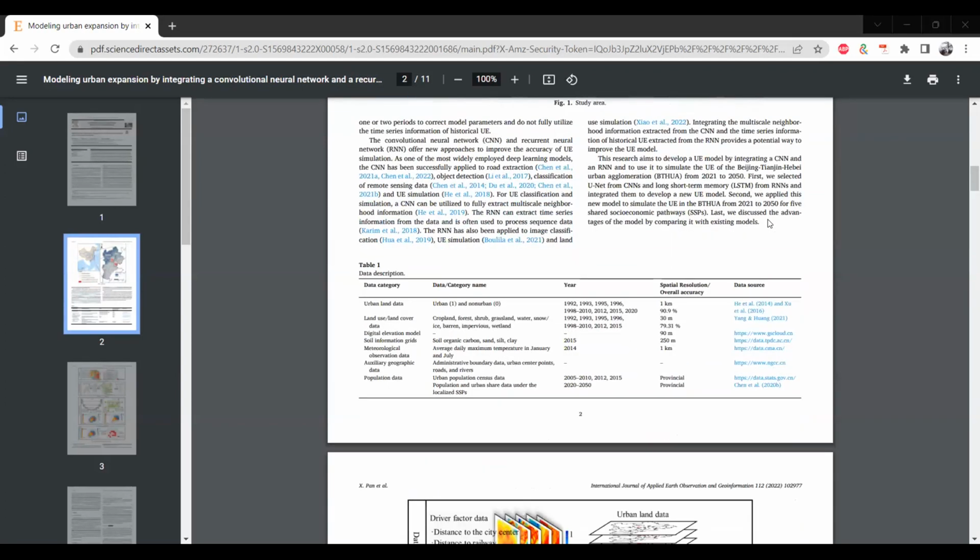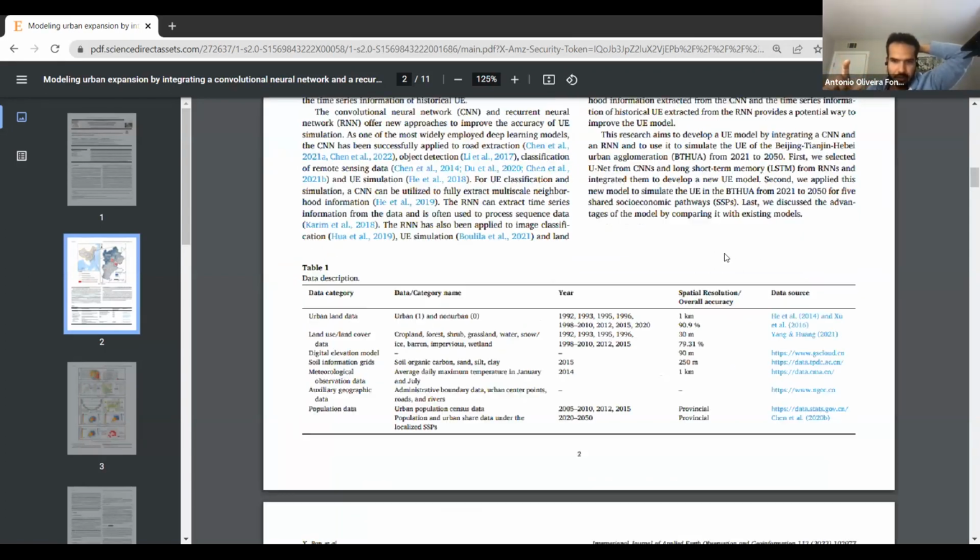First of all, I'll start with the data. Can you just zoom a bit more, just so we can read things there?